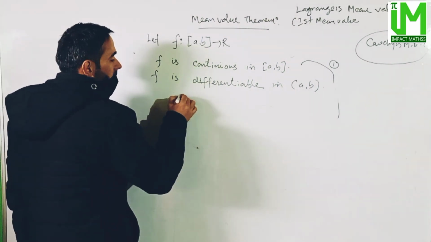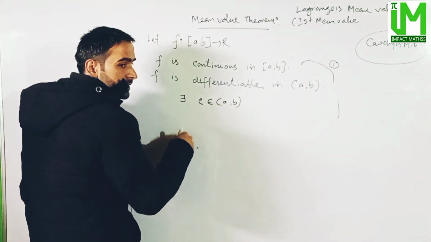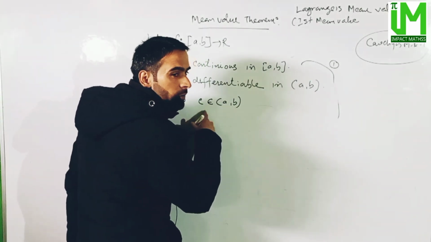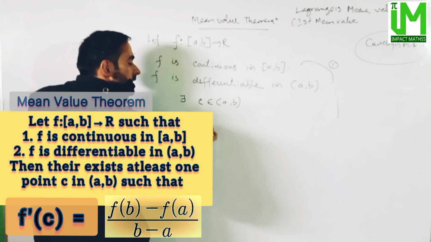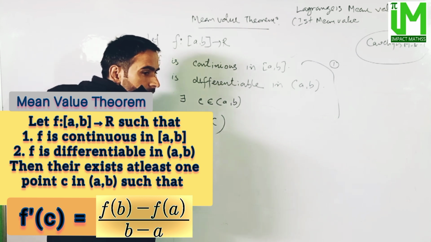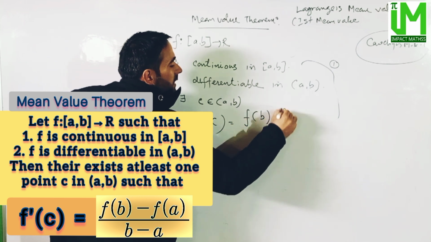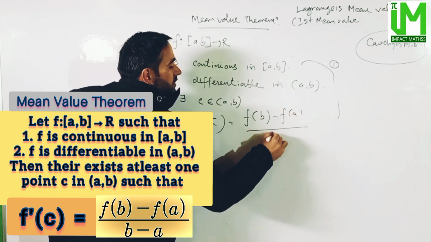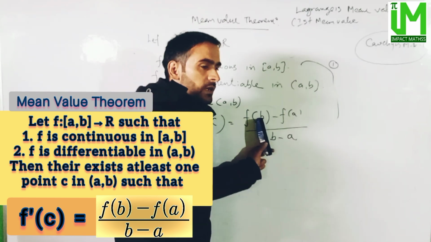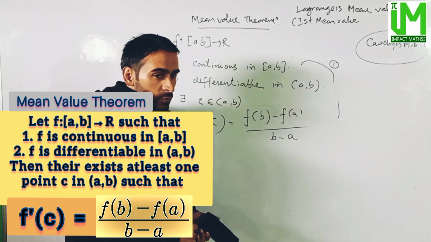Then the conclusion is that there exists at least one c belonging to the open interval (a, b) such that f dash of c, which is the slope of the tangent at point c, is equal to f of b minus f of a divided by b minus a.